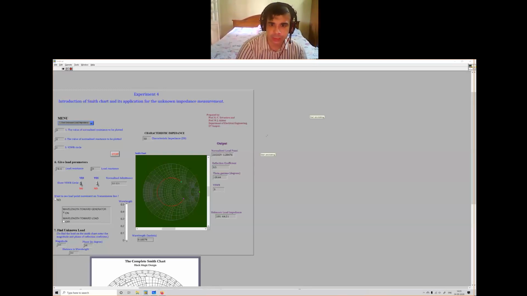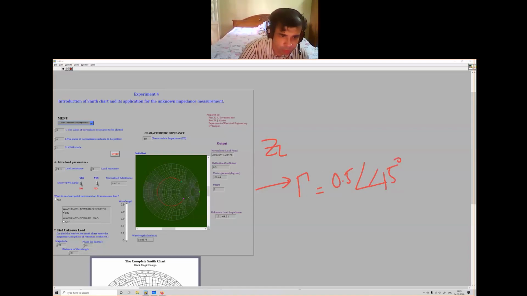They have a load ZL which transfers into gamma, that is 0.5, and the angle is 45 degrees. So here, this point. Is it okay?